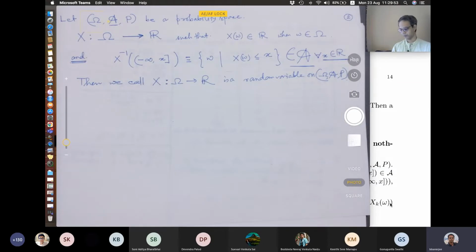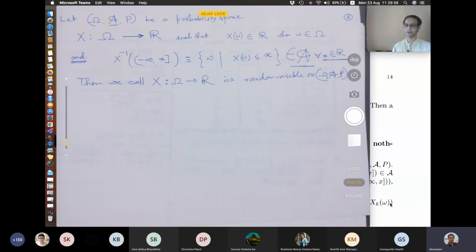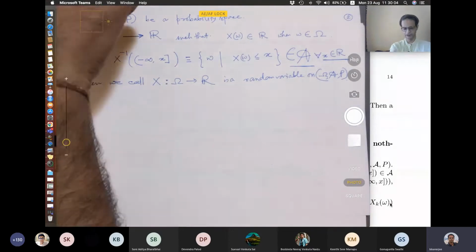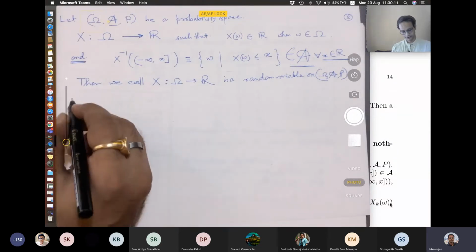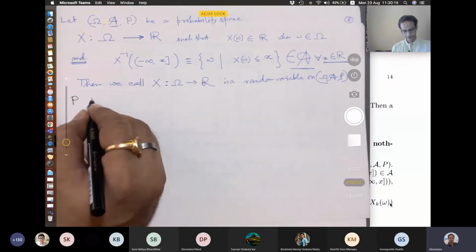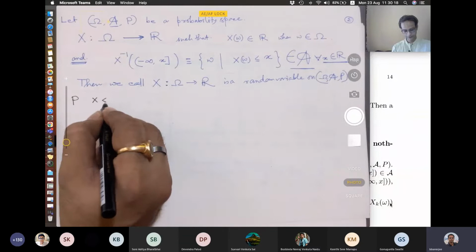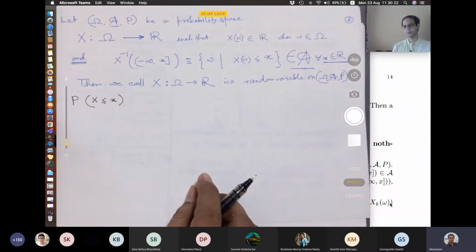And now from here, what we can do is we can immediately calculate a few more things, like the probability that X is less than or equal to small x. This probability we will be able to calculate from here.